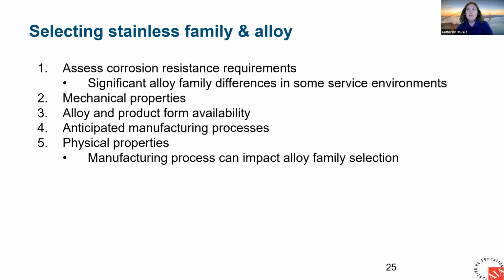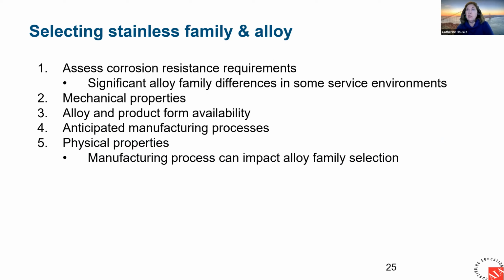So as I mentioned previously, when we start the selection process for alloys, we have to start with corrosion resistance requirements. And there are some significant differences between families and within families in terms of corrosion resistance. Then we look at mechanical properties, followed by availability of that specific stainless steel alloy or alloys that you may have identified and that product form.